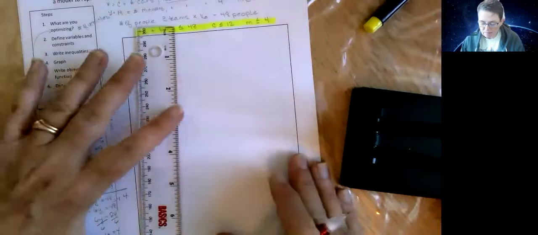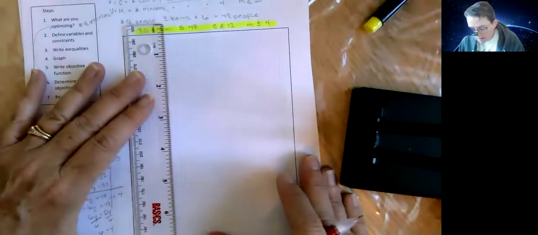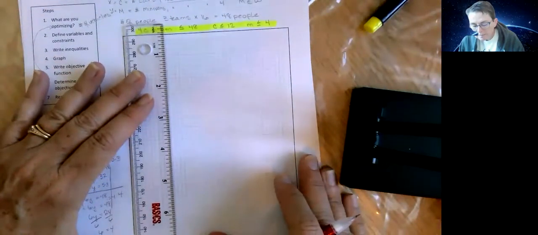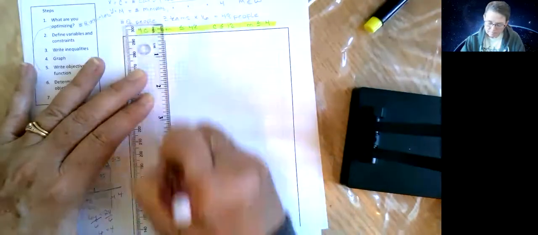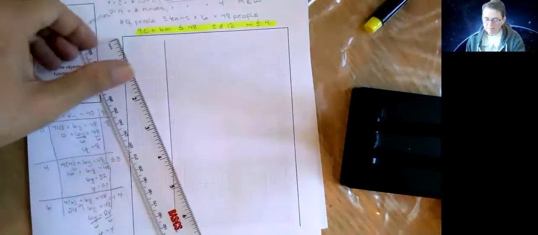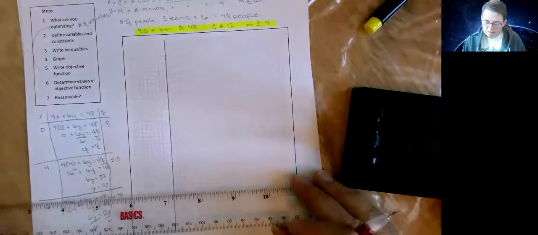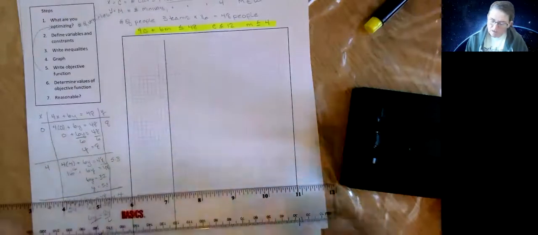So we're going to graph this. I'm not particularly fond of this graph paper, but that's okay, we'll use it. I'm going to make my axes kind of off center because we know it's going to be whole numbers, so all the interesting stuff is happening in the first quadrant.